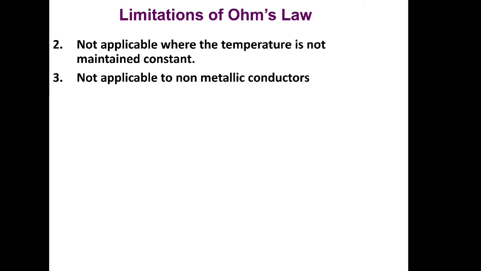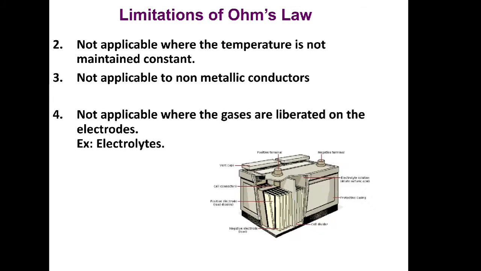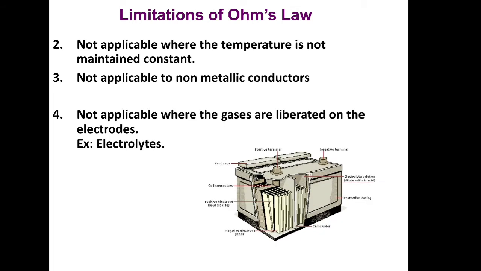The third limitation is that it is not applicable to non-metallic conductors. A non-metallic conductor may be plastic, wood, or a semiconductor. Fourth, it is not applicable where gases are liberated at the electrodes.